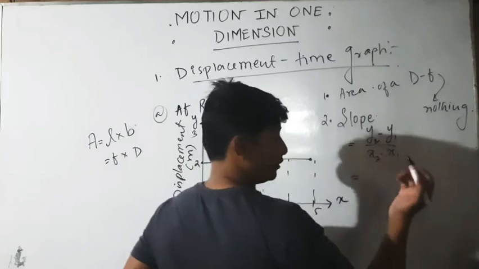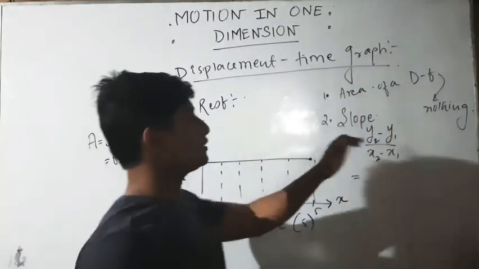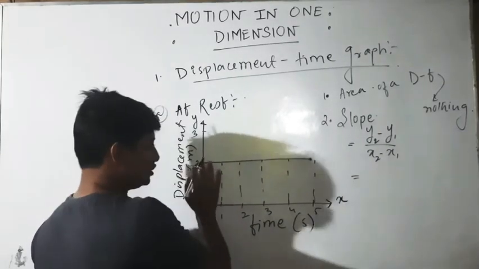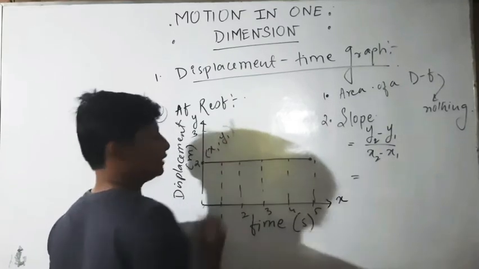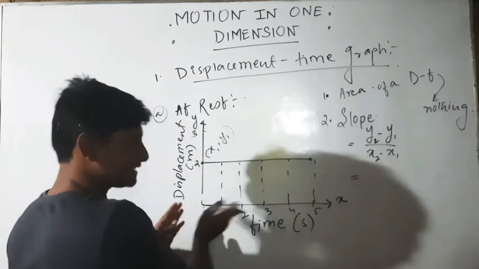Now you may be confused what are y2, y1, x2, x1. These are actually coordinates of the points. Say this initial point is marked as x1, y1. The first value represents the value of the x-axis at that point.